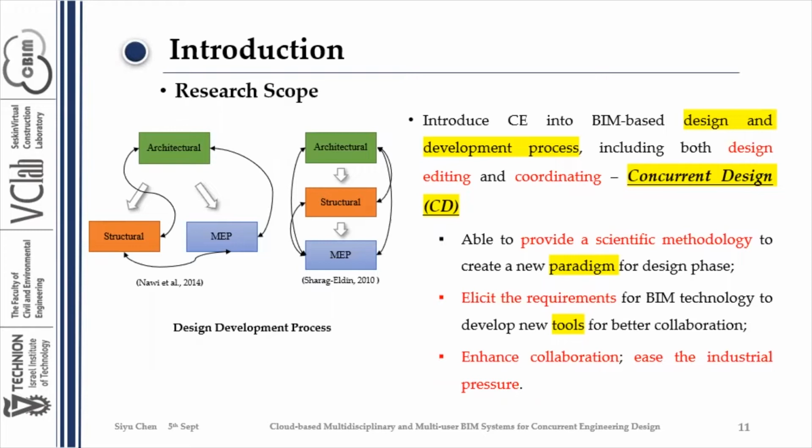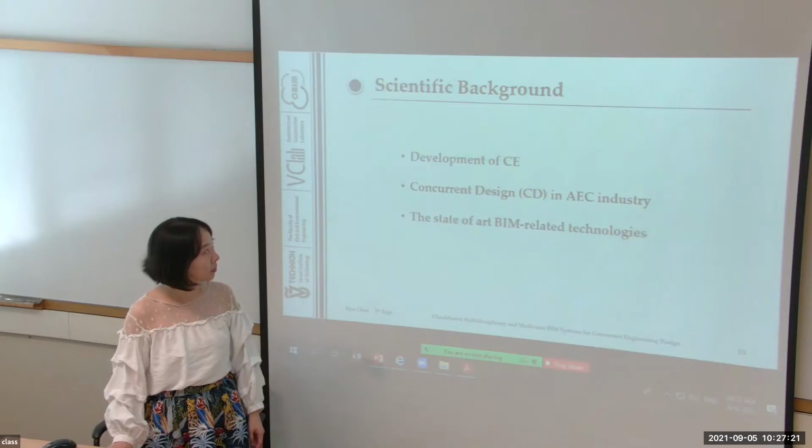I will call it concurrent design. I think this will be a good solution because it has the potential to provide a scientific methodology to create a new paradigm for the design phase. And based on this paradigm, we can elicit the requirements for BIM technology to develop new tools for better collaboration. And then eventually, there is industrial pressure.